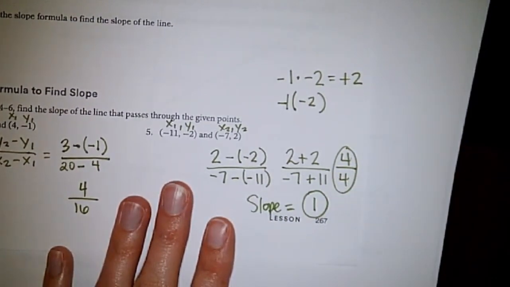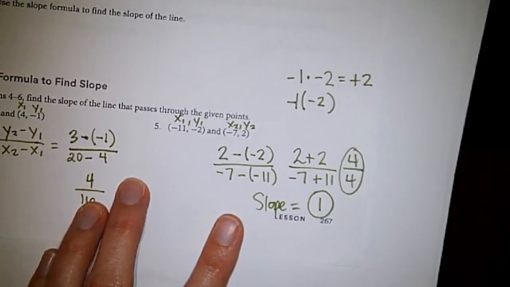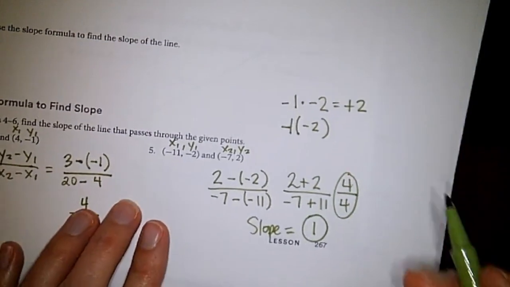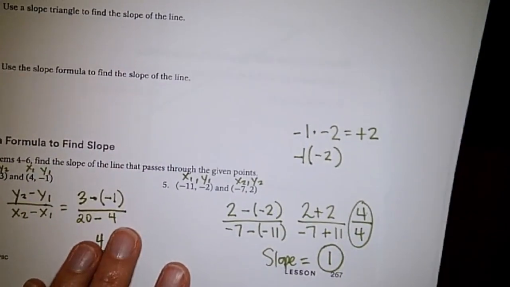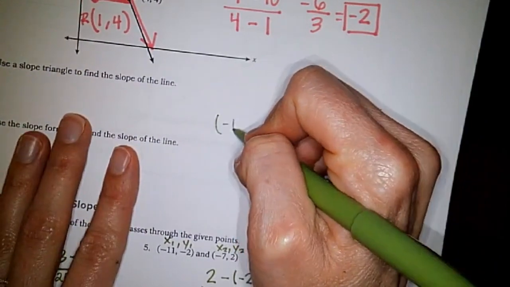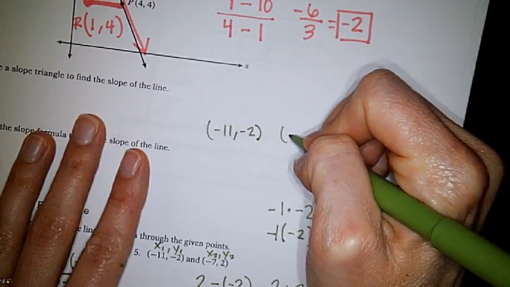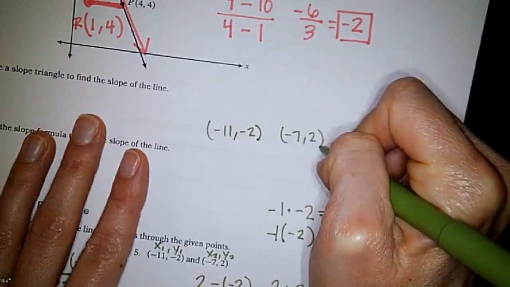Okay, so let's try and see what happens if we do it opposite. Okay? So, are y'all okay with doing that? So, we have negative 11, comma, negative 2. And we have negative 7, comma, 2. We made this one x1, y1, so now we're going to make this one x2, y2.